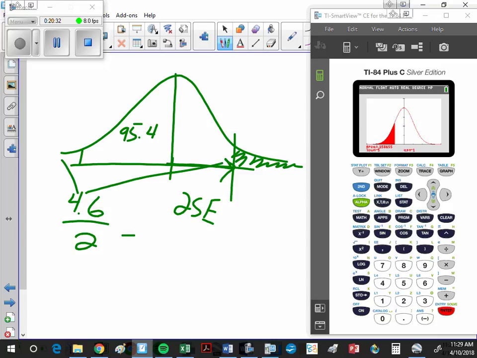And if you cut that in half, you get 2.3, and they just said there's not much difference between 2 and 2.3. And are we allowed to round like that? Well, all of these are just guesses anyway, so they're not too concerned.